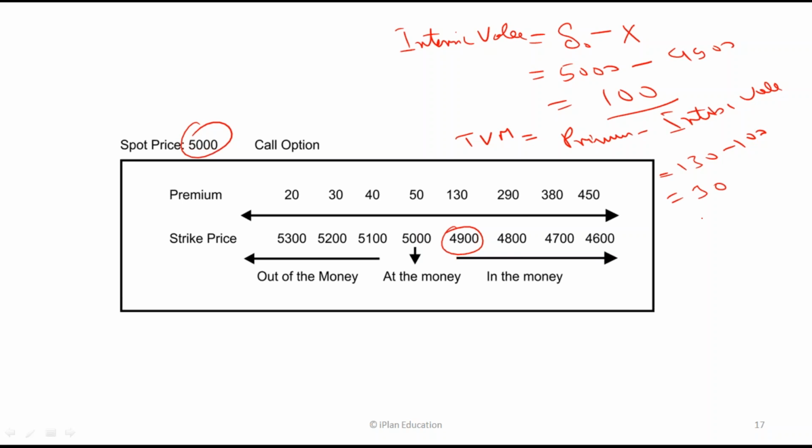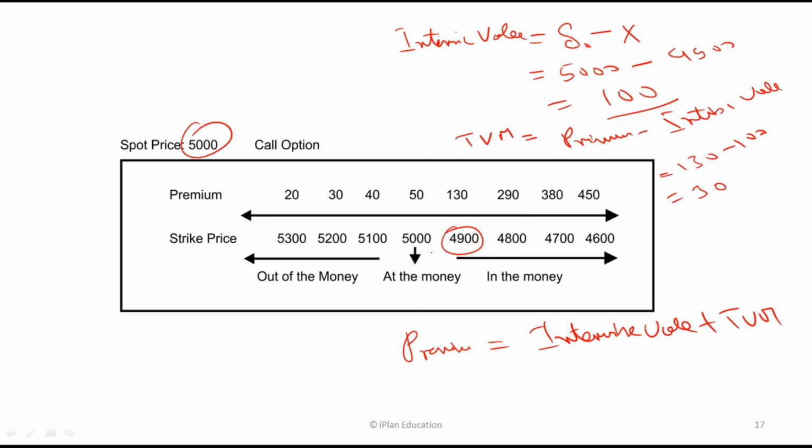So 30 rupees is your time value. So I can say that premium equals intrinsic value plus time value of money. So this total is the premium. This 130 includes 100 rupees intrinsic value and time value of 30.